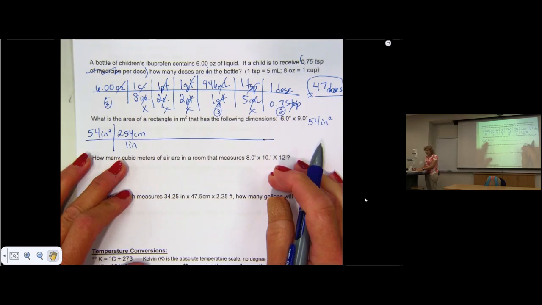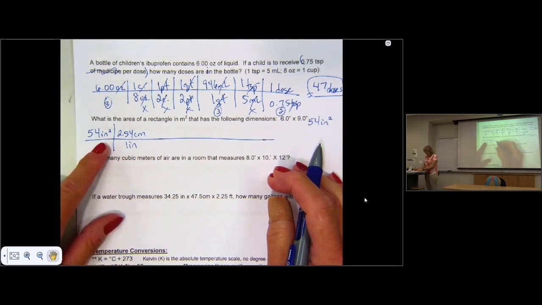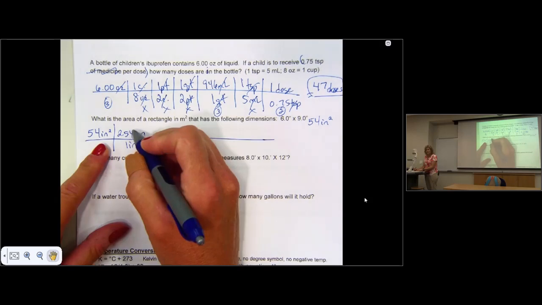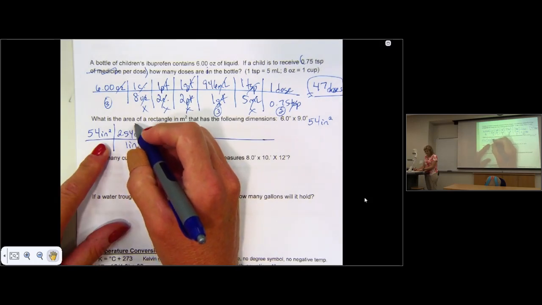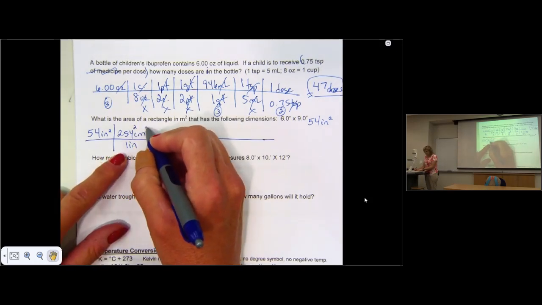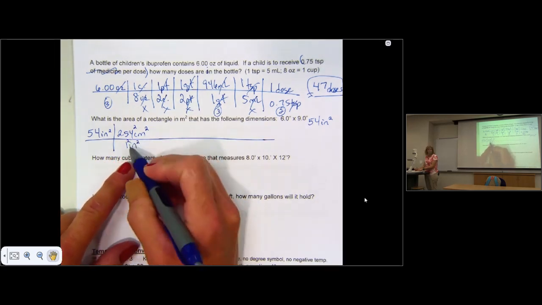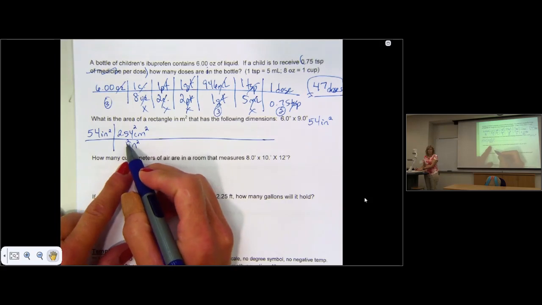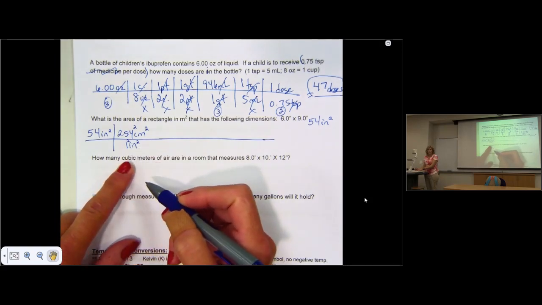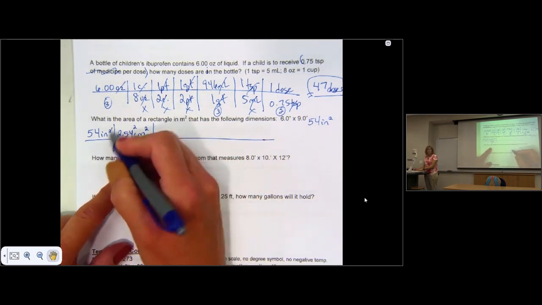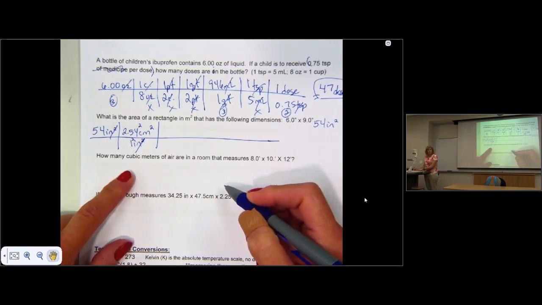But to make it work, what do I do? Do I square everything? Yes. 2.54 squared, centimeters squared, and for the sake of making sure we all understand it, it probably would not be a bad idea to go ahead and square the 1. But again, 1 squared is 1. So inches squared cancel. You are in centimeters squared.